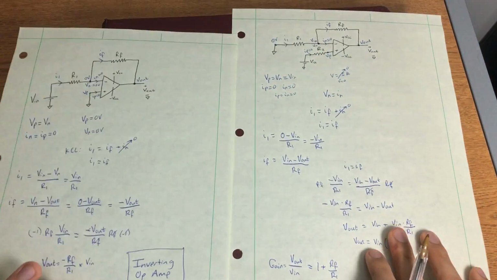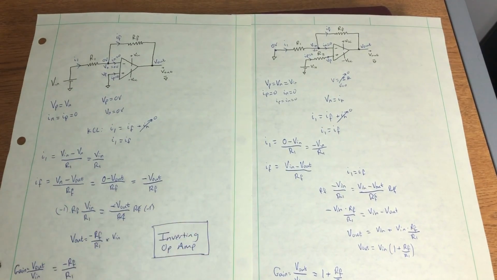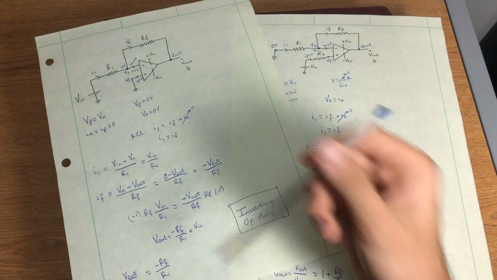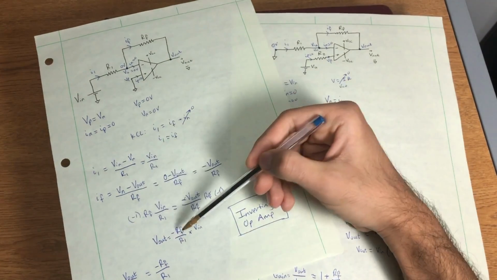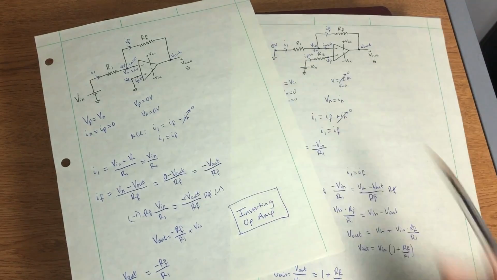Now let's quickly compare this to our previous circuit that we analyzed. You can see that they both share this common factor RF over R1. But this circuit has 1 plus RF over R1. The key difference is that our inverting op-amp had a negative sign. So you can see that our Vout is going to be negative some ratio times our Vin.